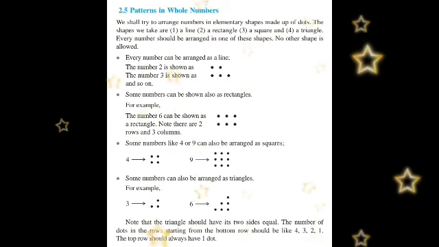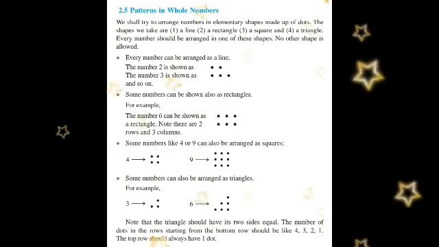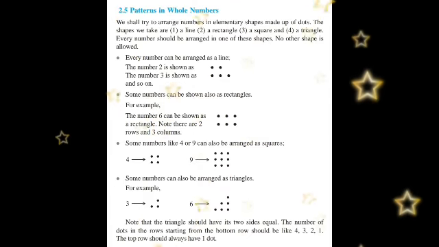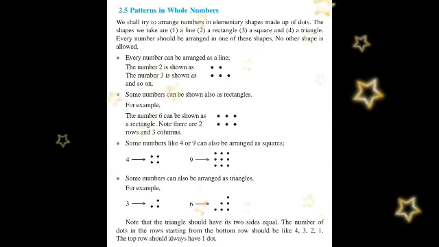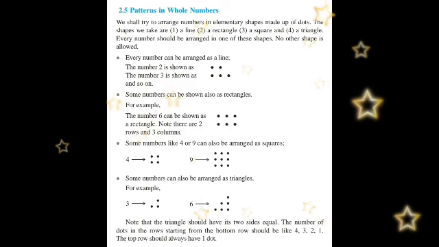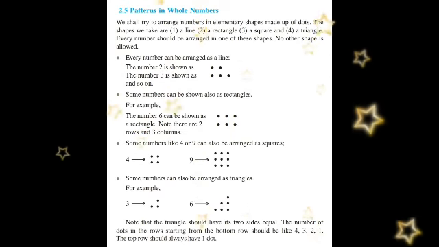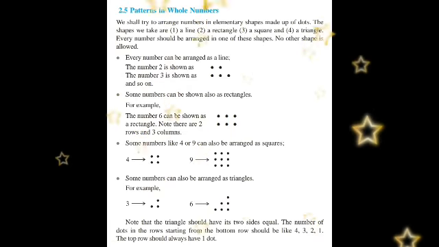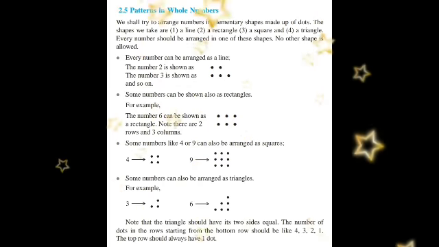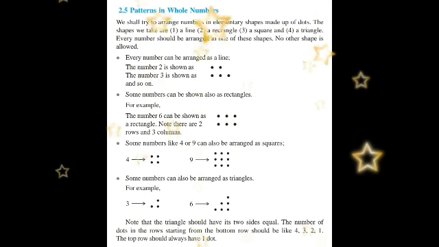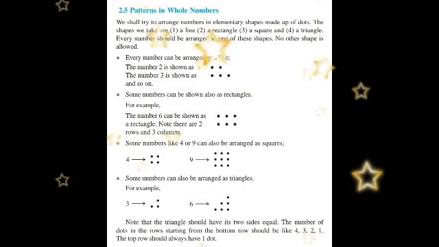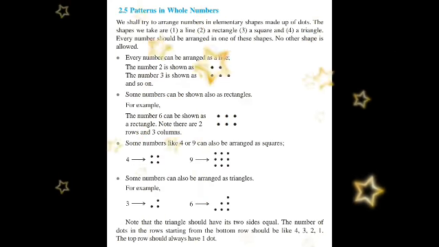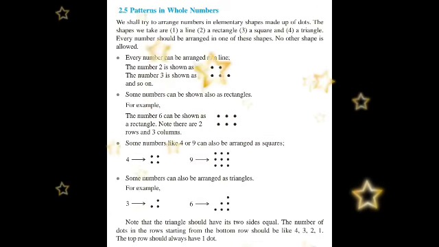The number 2 is shown as, observe the screen children, you observe the dots. Like that, some numbers can also be shown as rectangles. For example, the number 6 can be shown like this. Some numbers like 4 or 9 can also be arranged as squares. Some numbers can also be arranged as triangles.